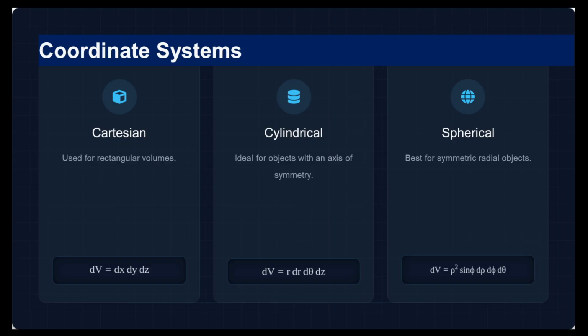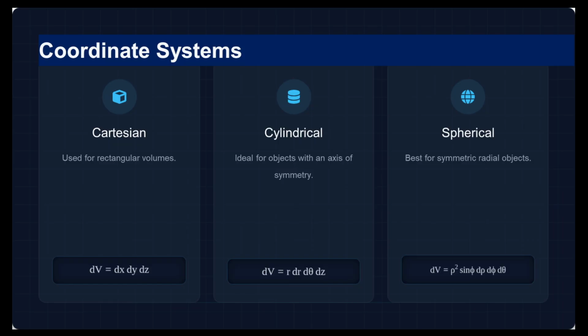And now we come to coordinate systems. Different coordinate systems help us solve problems more easily depending on the shape of the object. There are three coordinate systems. First is the Cartesian coordinate system, where we use x, y, z values directly. This system is mostly used for rectangular shapes or box-like regions.